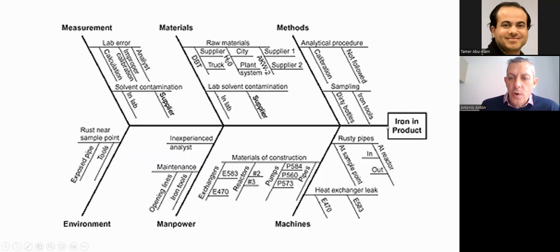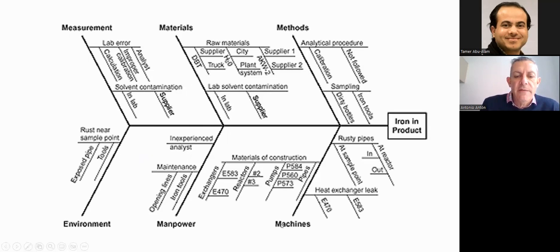Then this line, this arrow, comes here, and the first thing you have to do is draw the bones of the fish. You can divide it into methods, materials, measurements, environment, manpower and machines as well. How does it work?